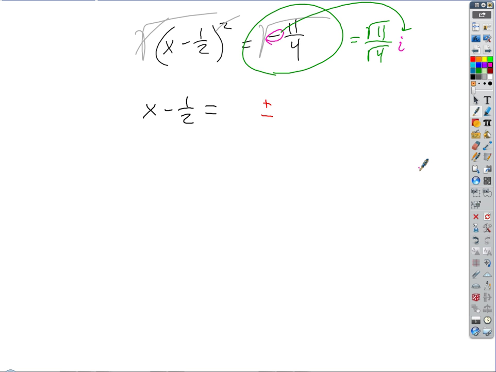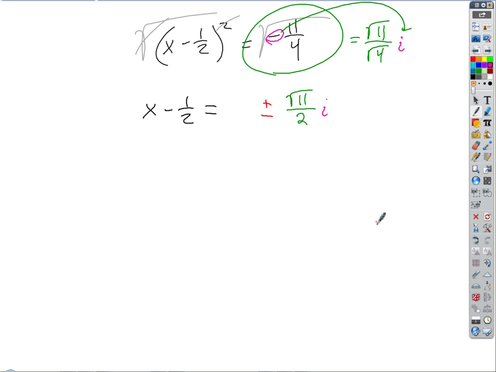And square root of 11 I'm stuck with, but what's the square root of 4? 2. So then what we get on this side is just going to be plus or minus square root of 11 over 2 i. Okay, everybody agree?